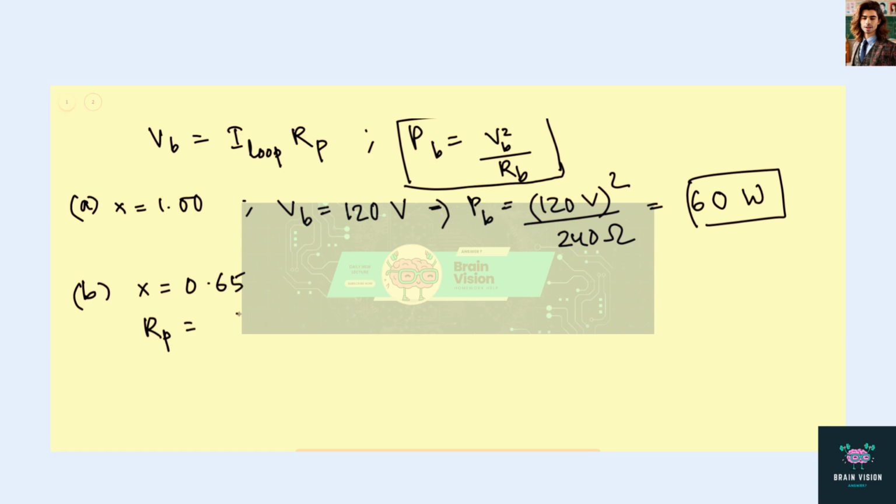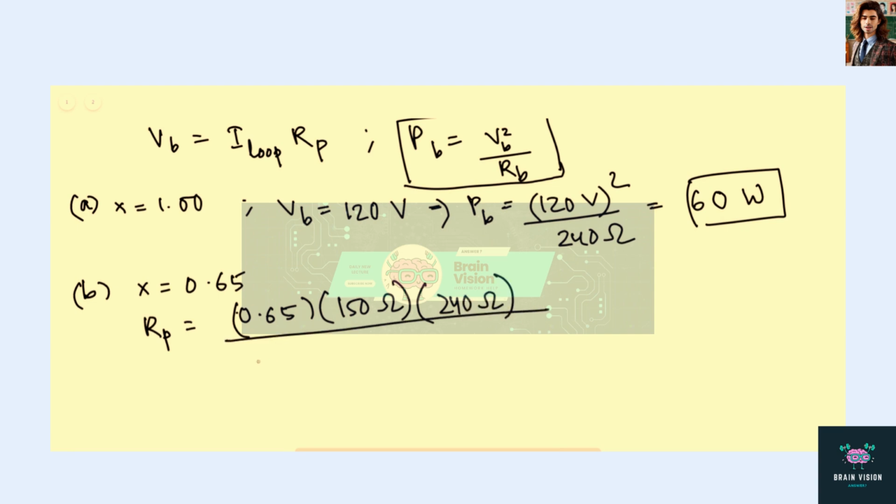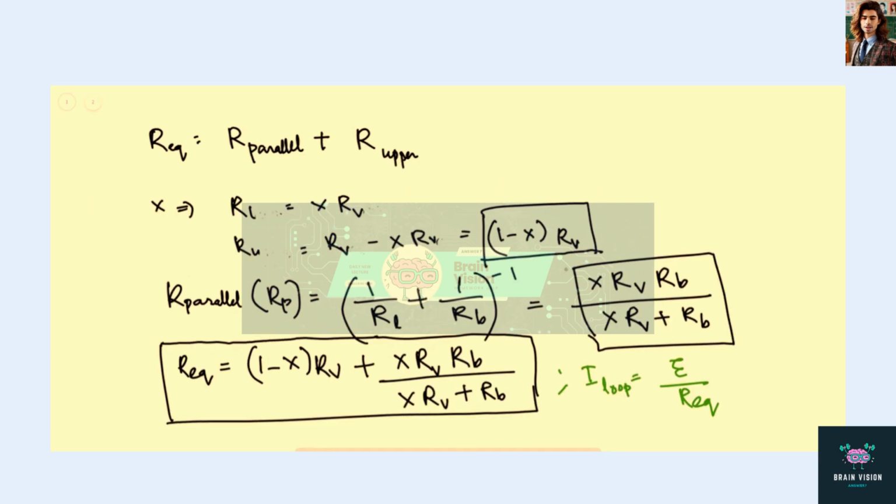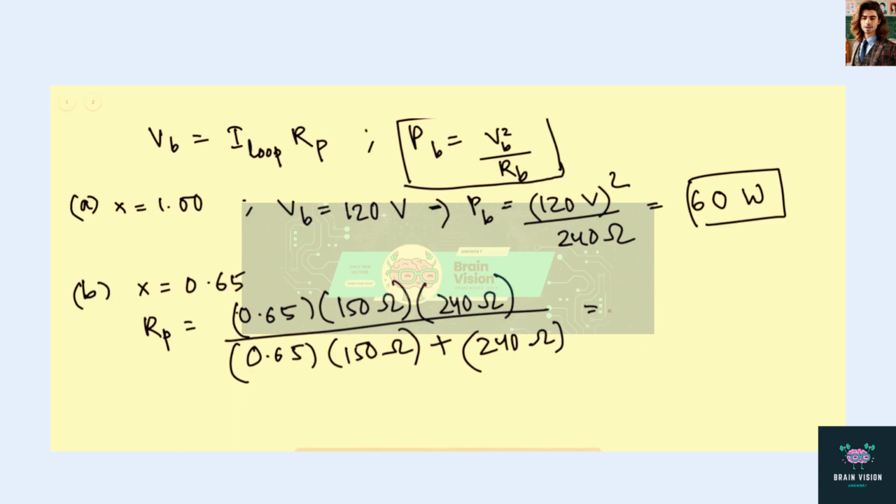So we have X R_V, which is 150 ohms, times R_B, which is 240 ohms. Then in the denominator we have these two plus this. We are basically plugging the values in this equation. So this gives 69.33 ohms.